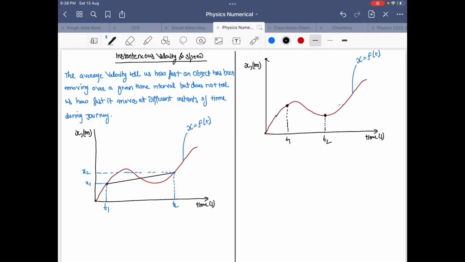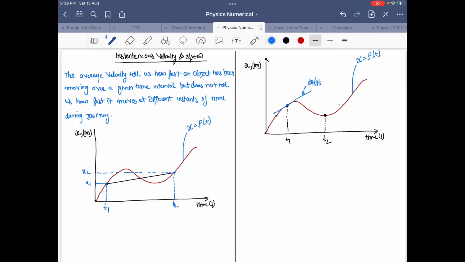Since it is not an average quantity, it's instantaneous at that particular time, that is t1 or t2, what is the velocity? Since you know the relationship between how your distance is changing with respect to time, you just have to find the slope. Slope means dx by dt.